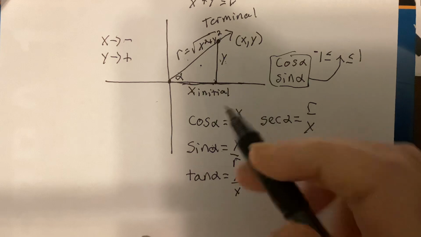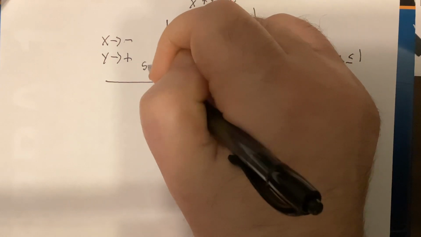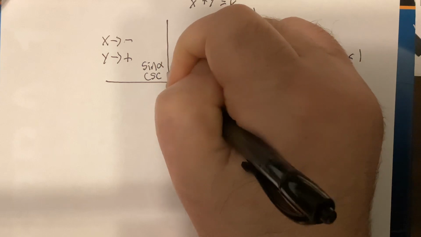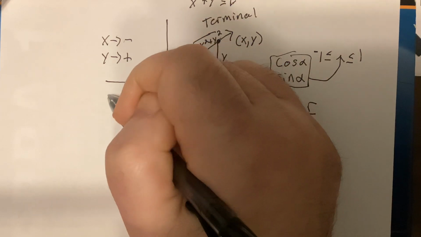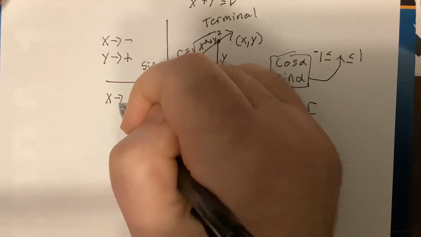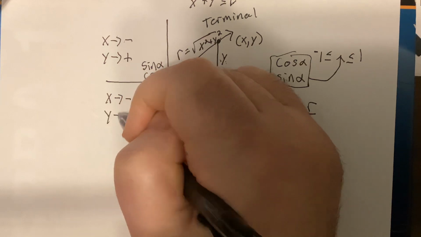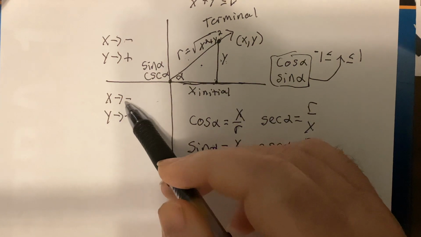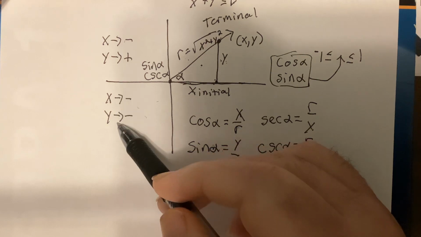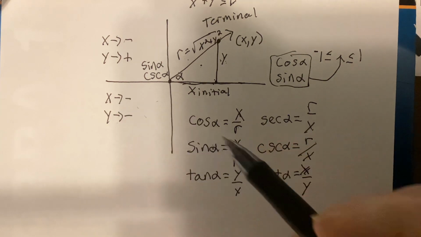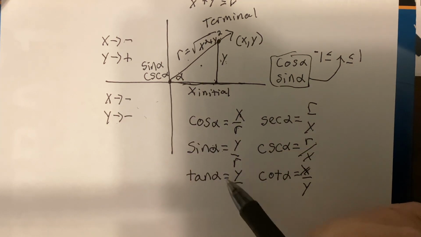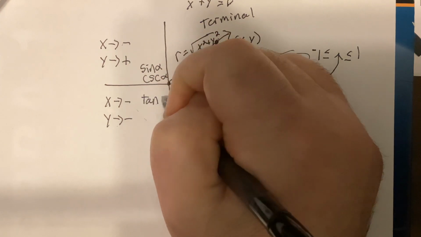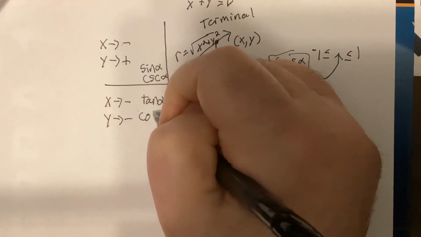In this case, that's sine and cosecant. In the third quadrant, x is negative, y is negative. So the only function that can be positive is if they both have x and y, because two negatives make a positive when multiplying or dividing. And that would be tangent, or its reciprocal cotangent.